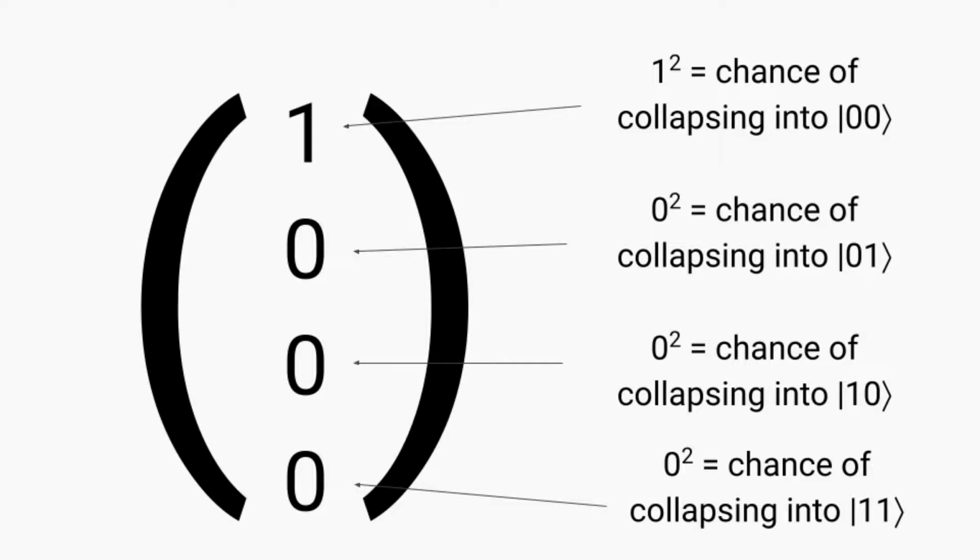In the second position, we have 0 squared, which is the chance of collapsing into 0,1. In the third position, we have 0 squared again, which is the chance of collapsing into 1,0. And in the final position, we have 0 squared, which is the chance of collapsing into 1,1. So this state would 100% of the time collapse into state 0,0 when it is measured.